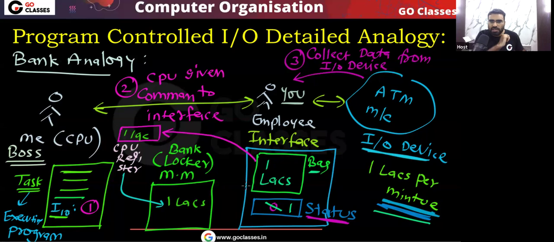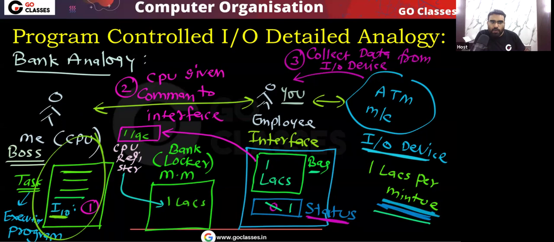The second thing to understand is that everything is executed by the CPU. Yes or no? The CPU is in complete control here. Do you agree with me? Remember what is happening. The CPU was executing a program. The CPU, the bank manager, is executing some program, and in this program the CPU encounters this data transfer instruction.